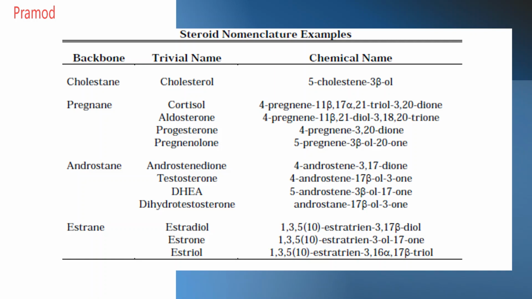That's why it is called 1,3,5(10). The 3,17-diol means the 3rd and the 17th positions contain OH. Similarly, estrone is 1,3,5(10)-estratriene with an OH at the 3rd and a carbonyl at the 17th. And estradiol contains an extra OH group at the 17 beta position. So this is the nomenclature of your steroidal hormones.